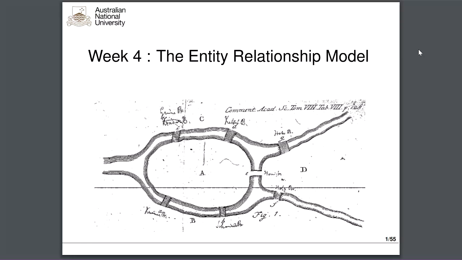Anybody? This diagram, right? We have a city. This is one of the cities in Germany. I think right now it is Russia, or it was in older times. And there are 7 bridges.